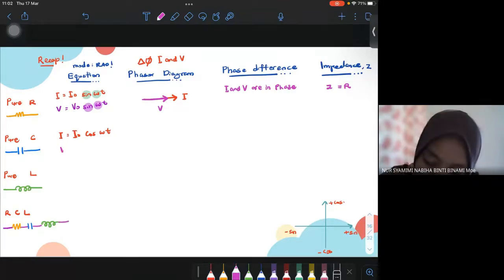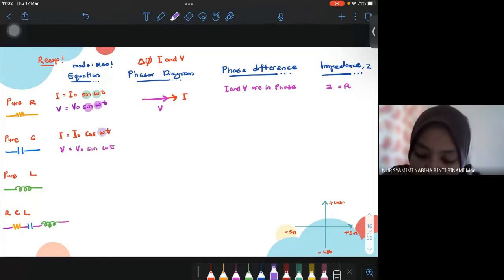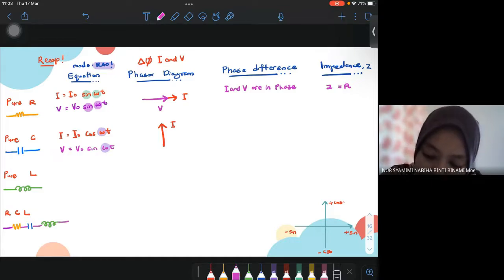Then V is equals to V naught sin omega t. Sama juga, dua-dua ada omega, so calculator mesti dalam mode radian. So the phasor diagram kita, I kita positive cos, so dia akan berada di positive Y. So this is my I. Dan V saya ialah positive sin, dia akan berada di kanan.